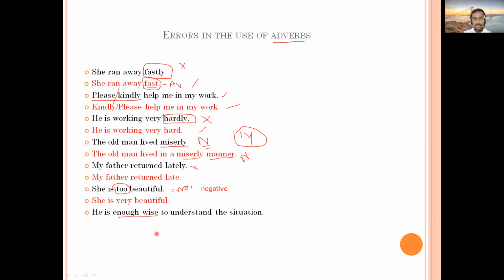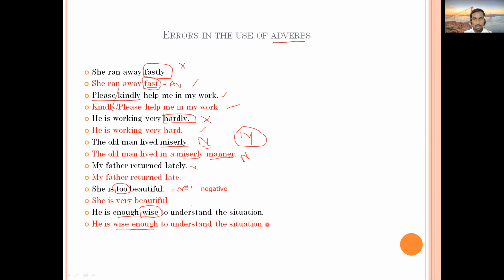Wise enough, not wisely enough, because wise itself is an adjective and enough is an adverb. So their place should be like this: he is wise enough to understand the situation.